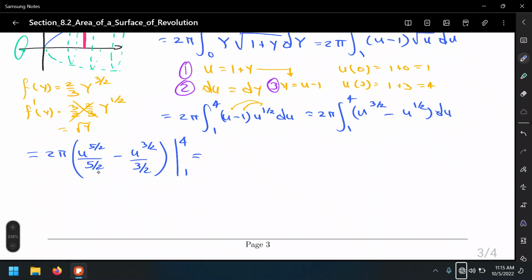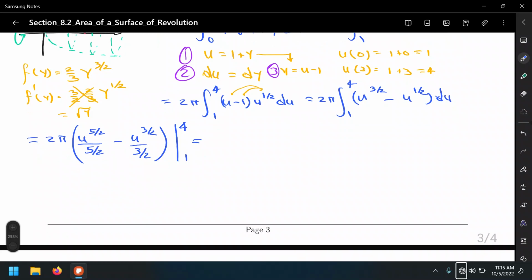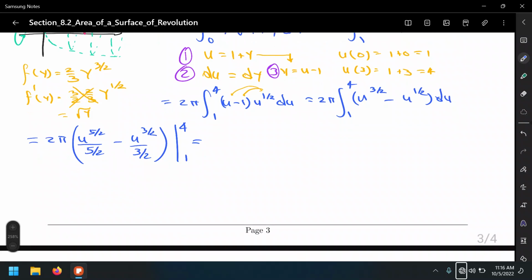Number 1, let's clean up these madnesses right here for a second. Dividing by a fraction is the same as multiplying by the reciprocal. In this case, that's going to be 2 pi, 5/2 u to the something. Well, that's u to the 5/2 and minus 2/3 u to the 3/2.